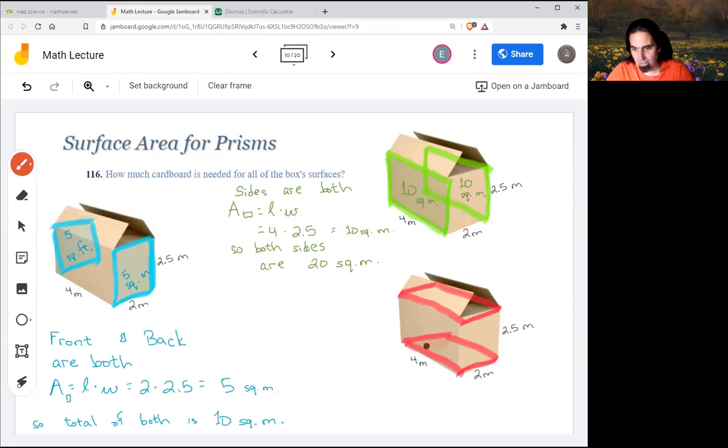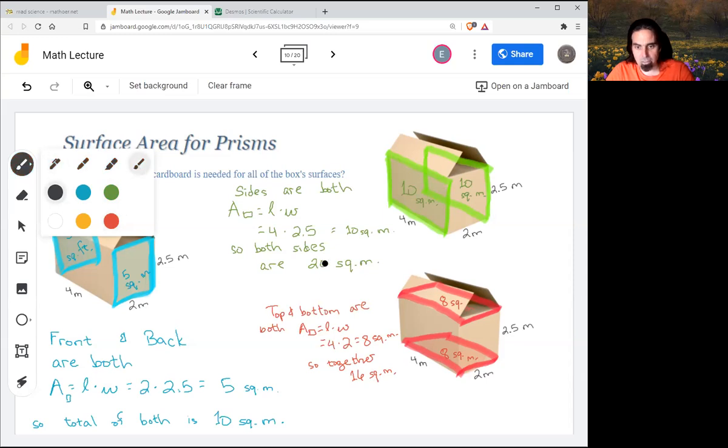Yeah. And then last, we have the top and the bottom. 4 meters by 2 meters, times 2. Okay, when I add up everything, I have a 20.